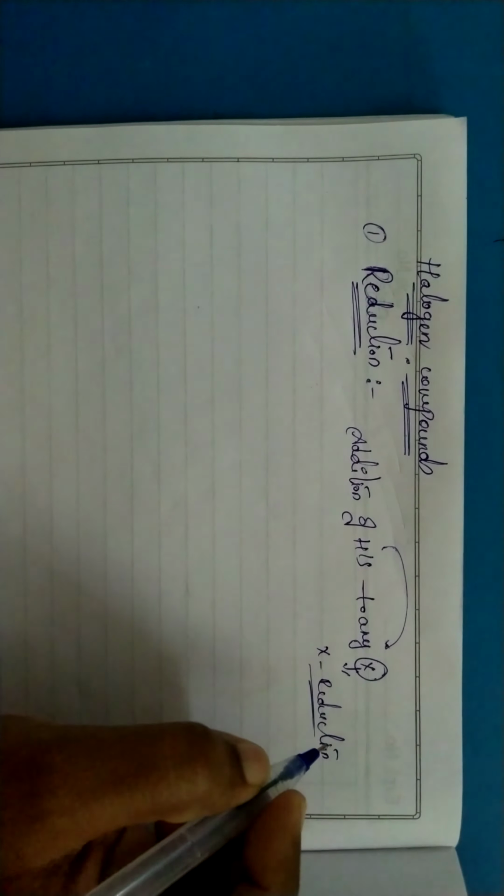Let's talk about the reducing agent. What does reducing agent mean? Say X is undergoing reduction. Now we have to add hydrogens to X, or we can remove oxygen from X. That means reduction takes place in two ways: addition of hydrogen or removal of oxygen.